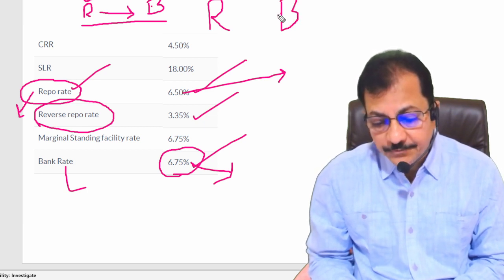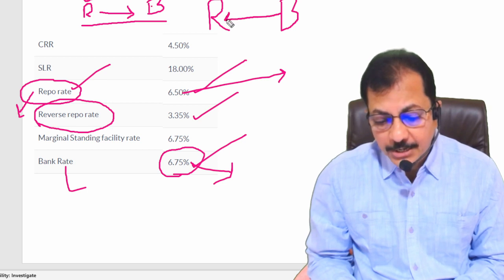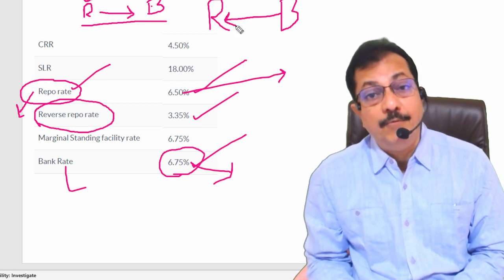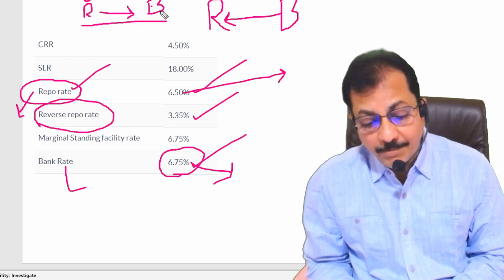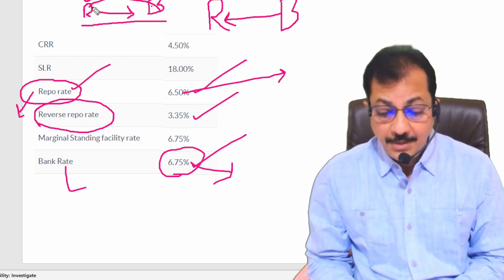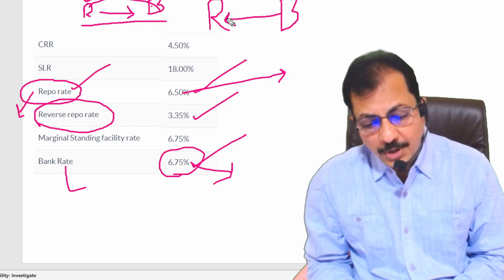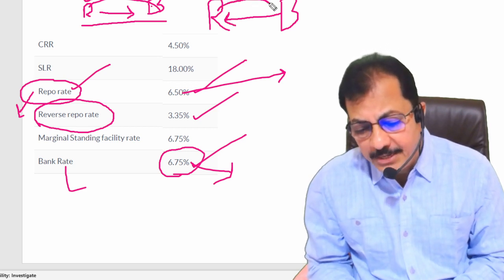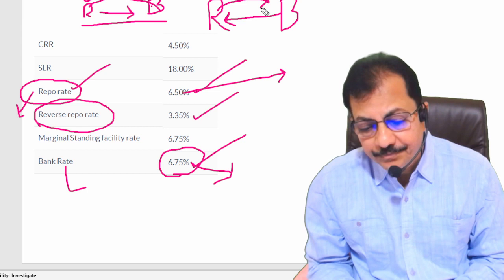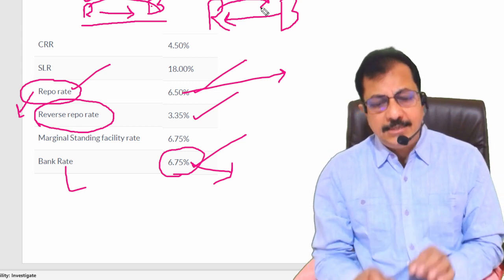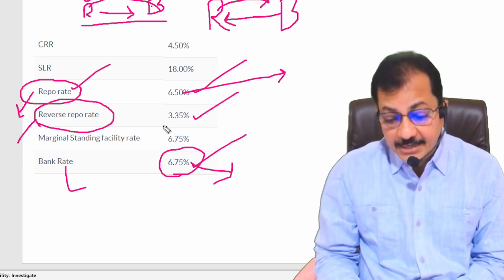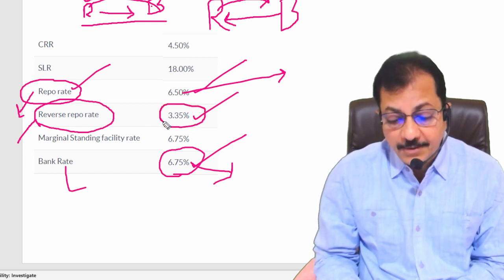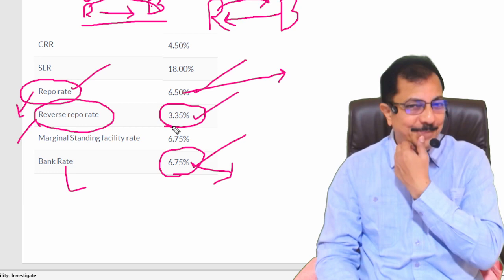So money is flowing from bank to RBI in the form of a loan. When RBI is giving the loan, the bank is paying the interest. When RBI is taking the loan, RBI should also pay interest to the bank. That interest rate is called the reverse repo rate, and this is 3.35% only.